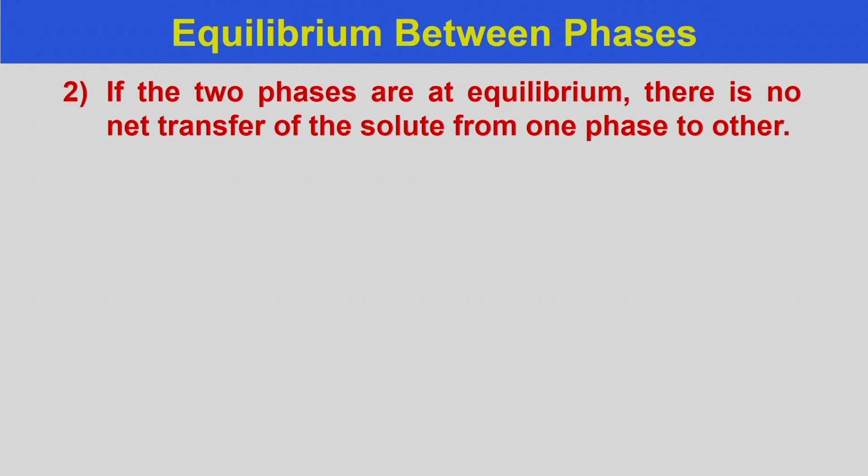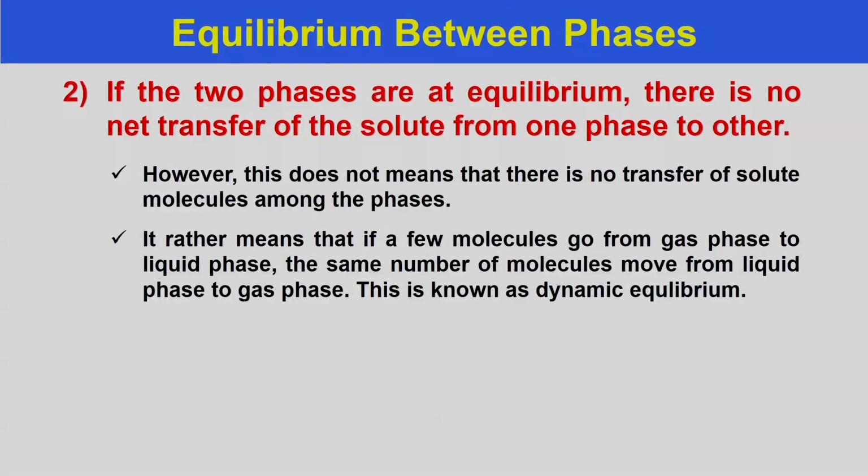Now, if the two phases are at equilibrium, there is no net transfer of the solute from one phase to the other. However, this does not mean that there is no transfer of solute molecules among the phases.